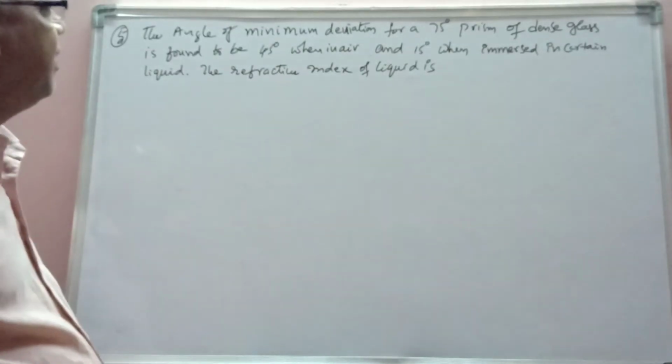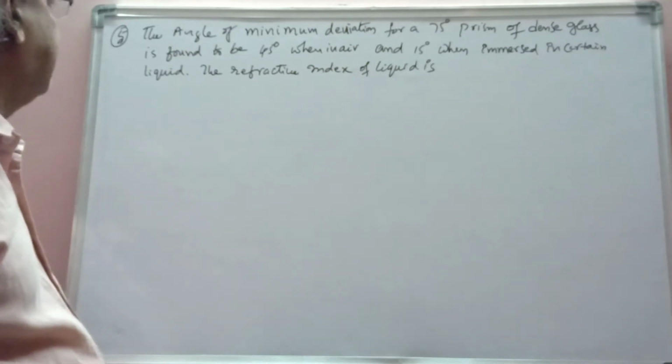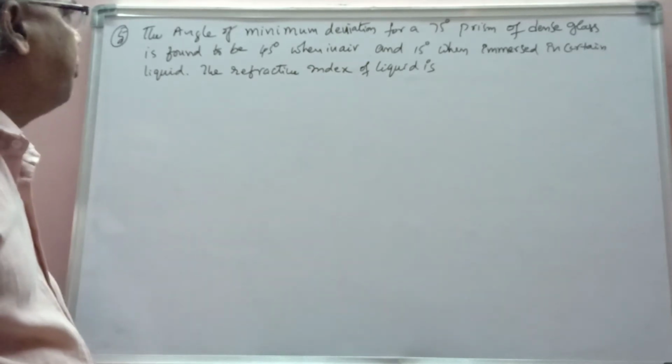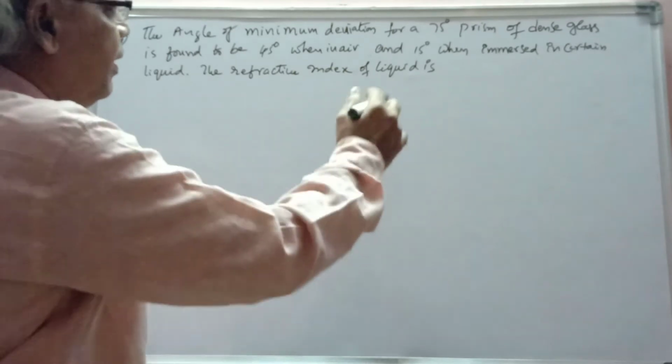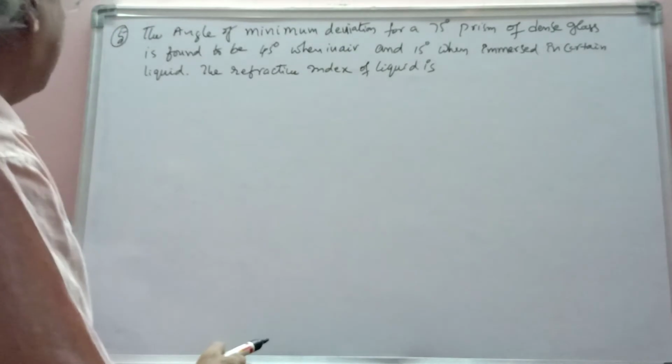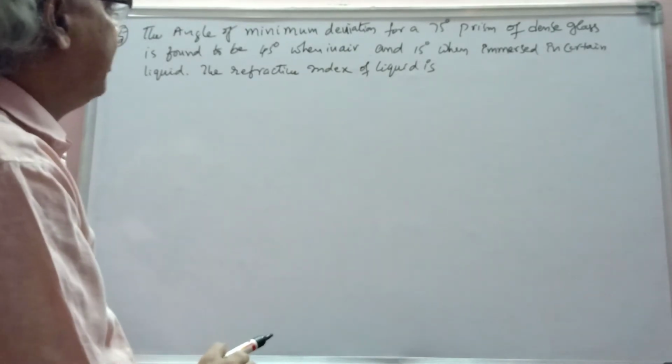In this problem, the angle of minimum deviation for a 75-degree prism of dense glass is found to be 45 degree when in air and 15 degree when immersed in a certain liquid. The refractive index of the liquid is?